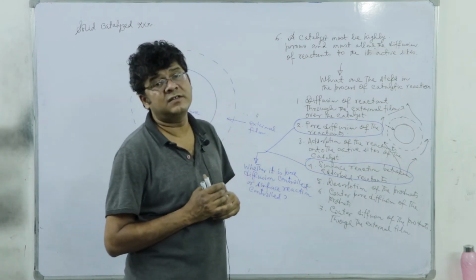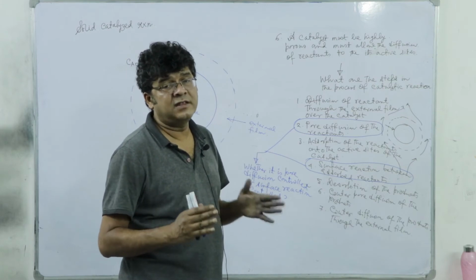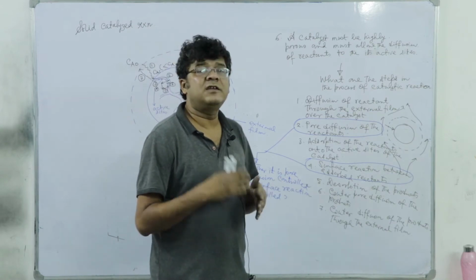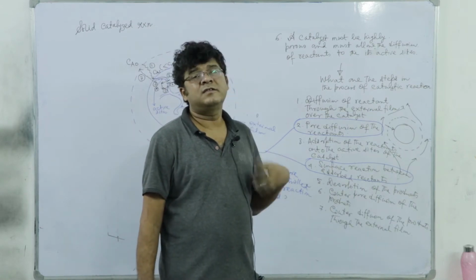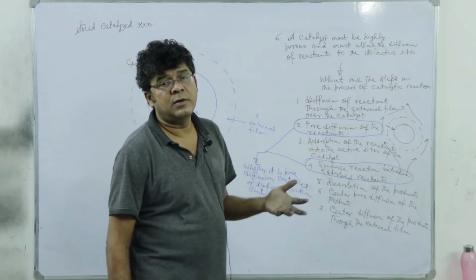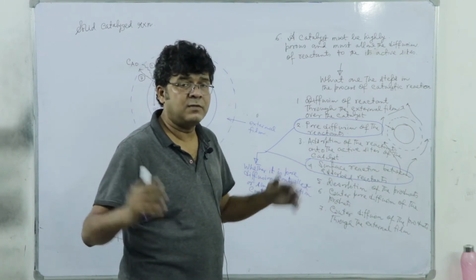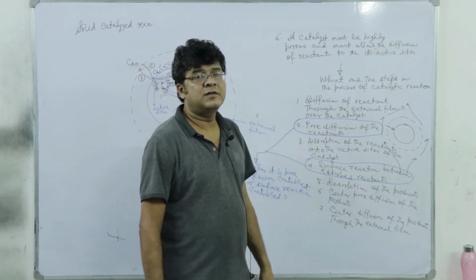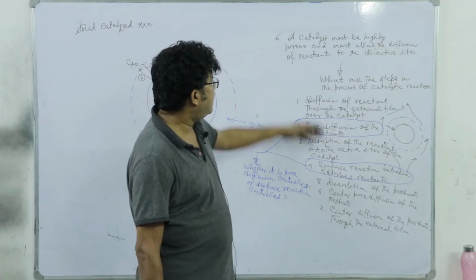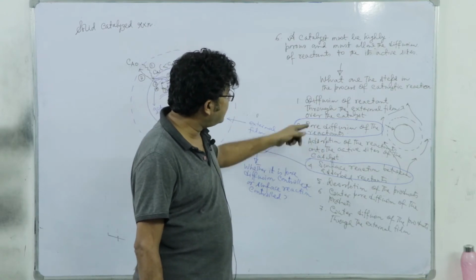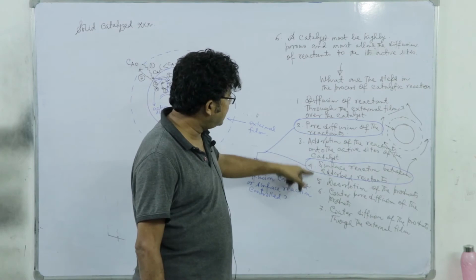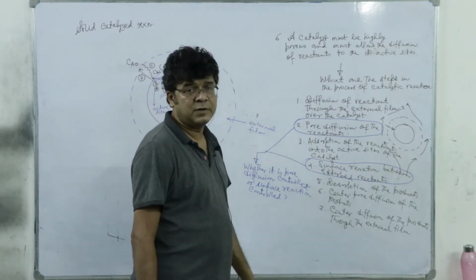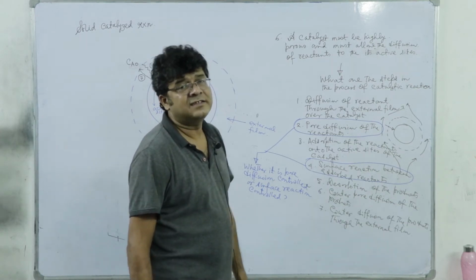So rate controlling step means the slowest step in the overall process, and the time required to execute that step is basically the same as the time required to execute the overall process, because either this or this will be the most sluggish process, and relative to its time scale, all the others we are considering right now are instantaneous.